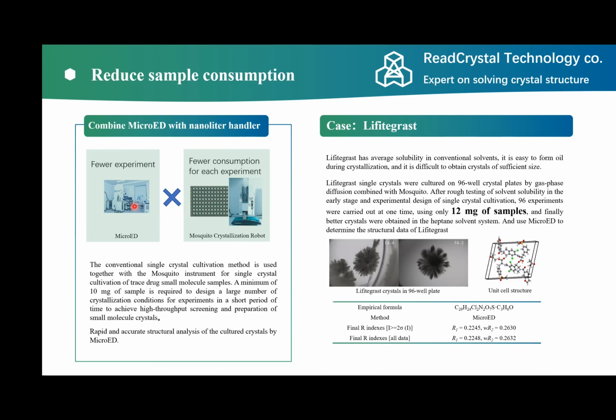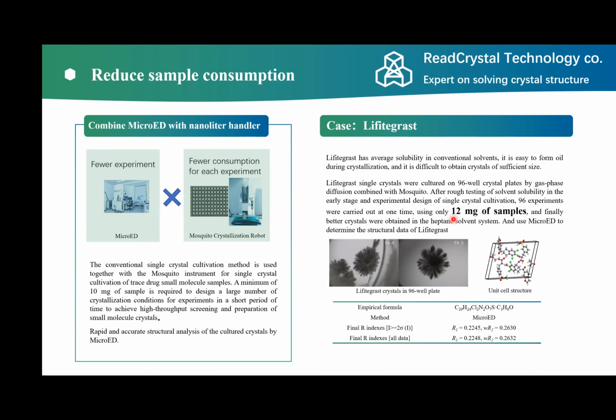And if we combine this method with micro-ED, we can also reduce the experiments that we perform to screen the crystallization conditions. Since we need only nanocrystals, we don't need to screen so many crystallization conditions. Combining these two methods, we have one example.